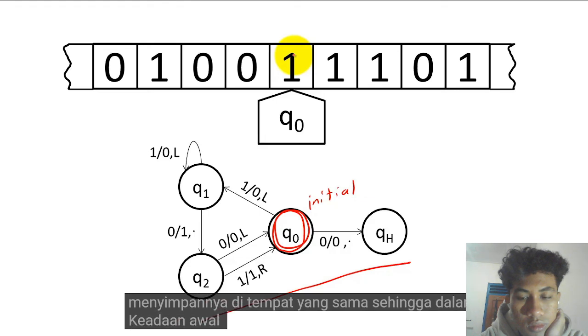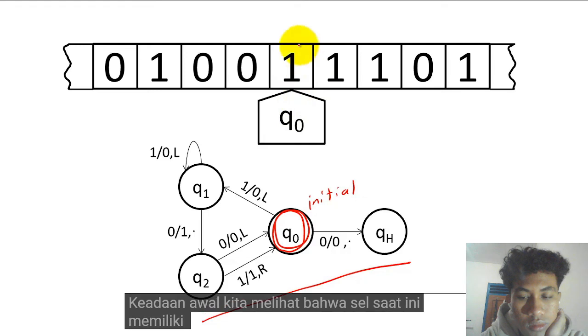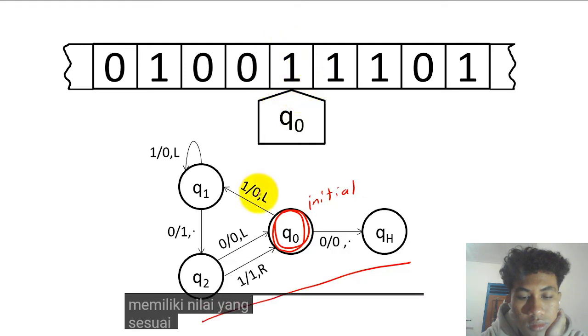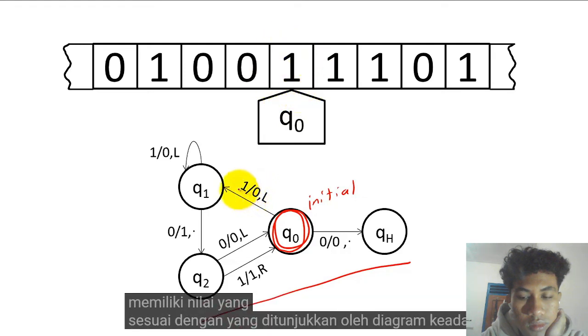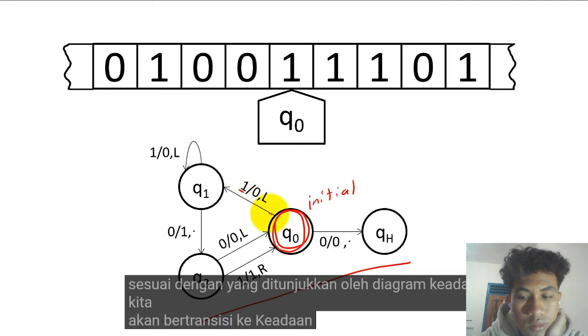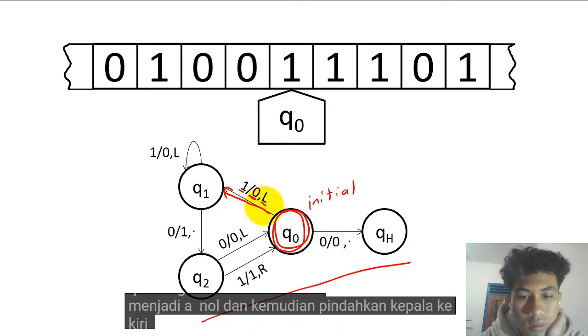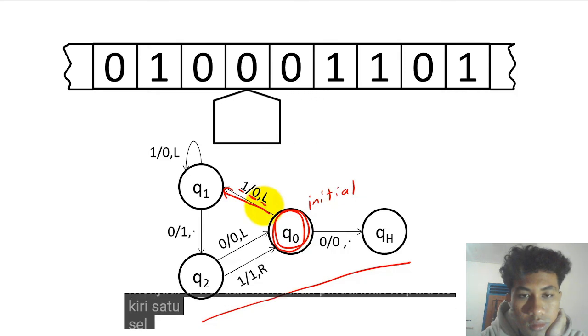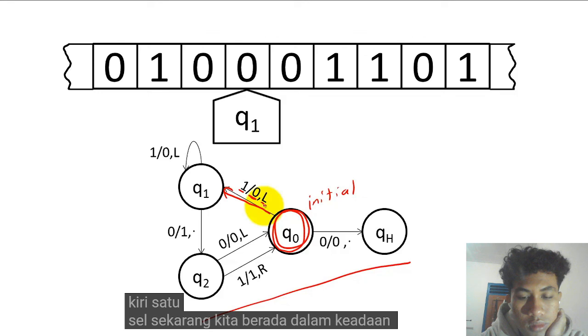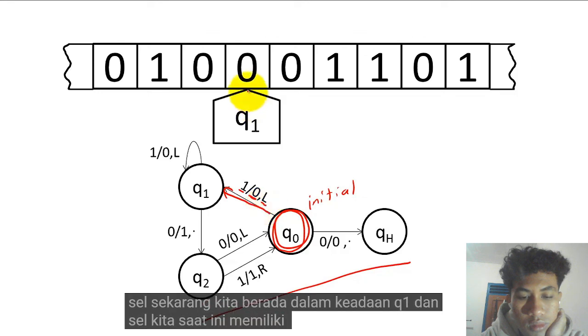So, in the initial state, we see that the current cell has value 1. Our state diagram tells us that we will transition to state Q1, change the value of the current cell to a 0, and then move the head to the left 1 cell. Now we are in state Q1, and our current cell has value 0.